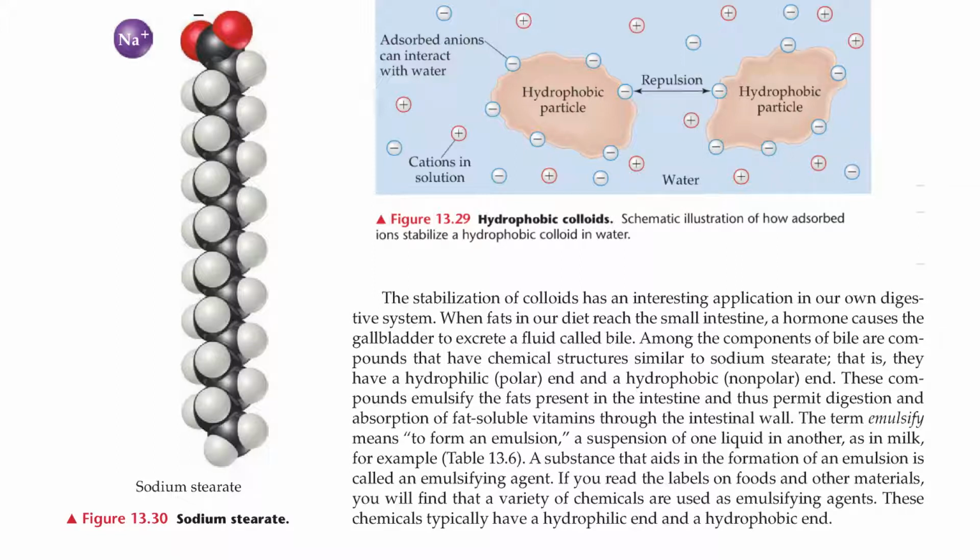The term emulsify means to form an emulsion, a suspension of one liquid in another, as in milk, for example. A substance that aids in the formation of an emulsion is called an emulsifying agent. If you read the labels on food and other materials, you'll find that a variety of chemicals are used as emulsifying agents. These chemicals typically have a hydrophilic end and a hydrophobic end.